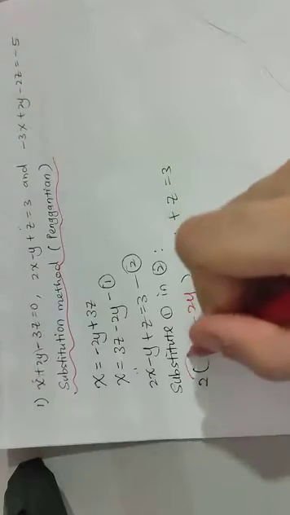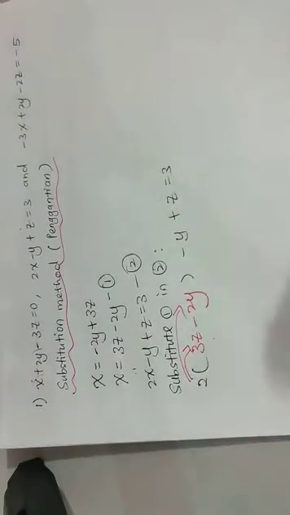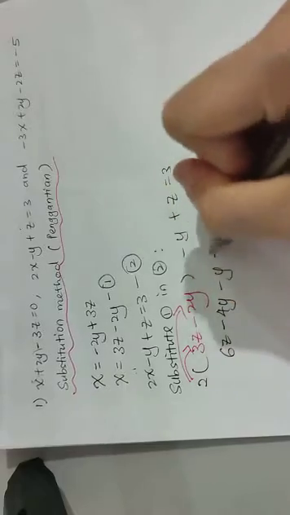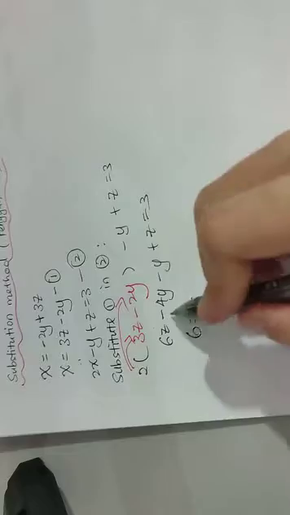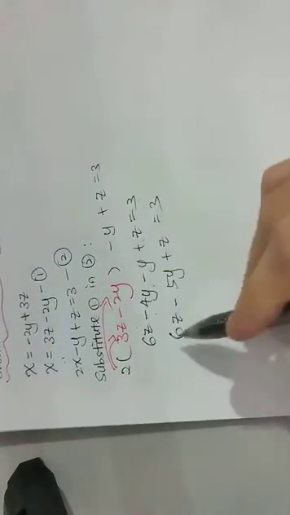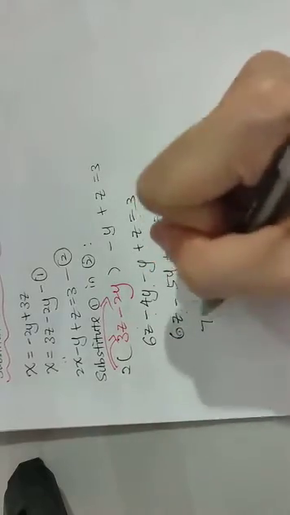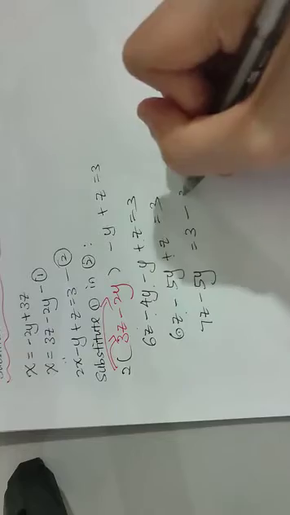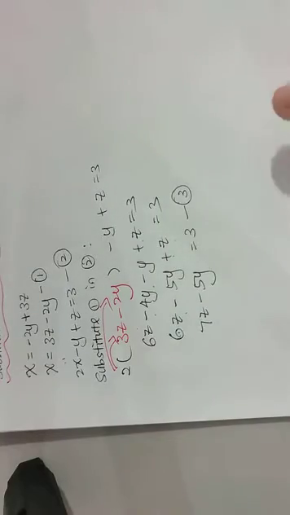Then multiply inside: 6z minus 4y minus y plus z equals 3. 6z minus negative 4y minus y gives 5y, plus z equals 3. 6z plus z is 7z. So 7z minus 5y equals 3. This will be your third equation, not solved yet.